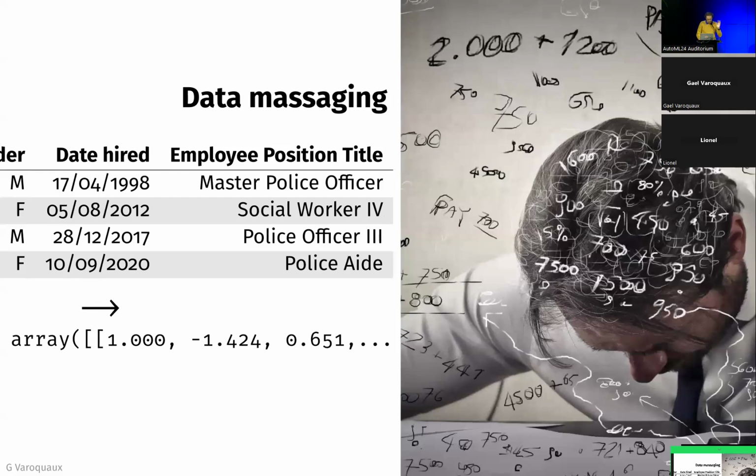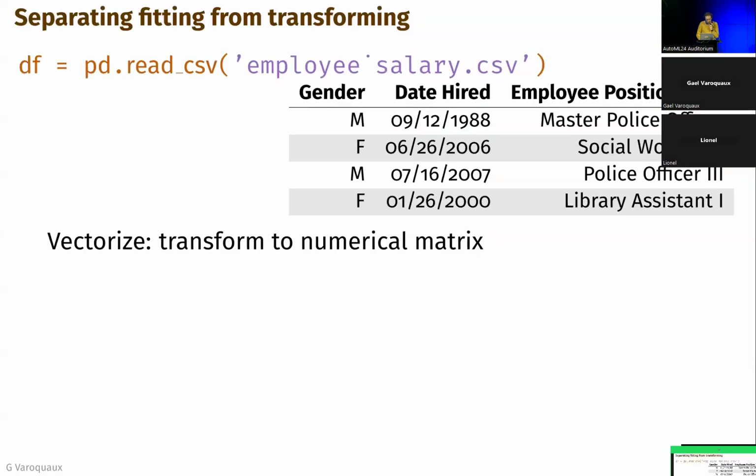So once again, this is data munging. It's tiring, and so I'll go back to something I already said. It's really important to separate fitting from transforming, because when you don't do this, you create leaks, but also because one of the big problems of industrial data science is that the data scientist does pandas and scikit-learn in his Jupyter notebooks, and then calls IT production and says it's ready, you do it, and then once they try to transfer this to production, it doesn't work.